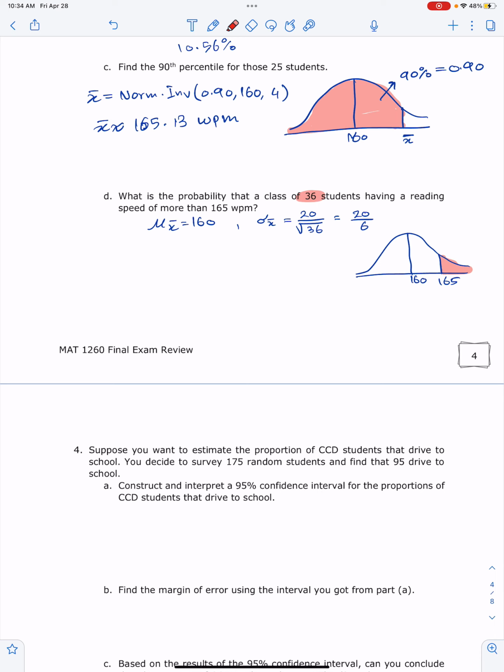So to find the area to the right, we say 1 minus norm distribution of 165, comma, the mean, comma, the new standard deviation, comma, true. If you put that into an Excel sheet, it's going to give you 0.06681. If you round it, you're going to get 6.7%. So that is the last part of question number 3.